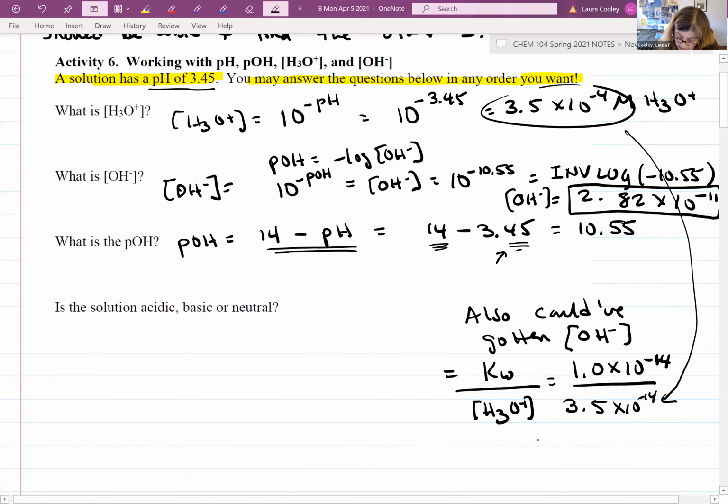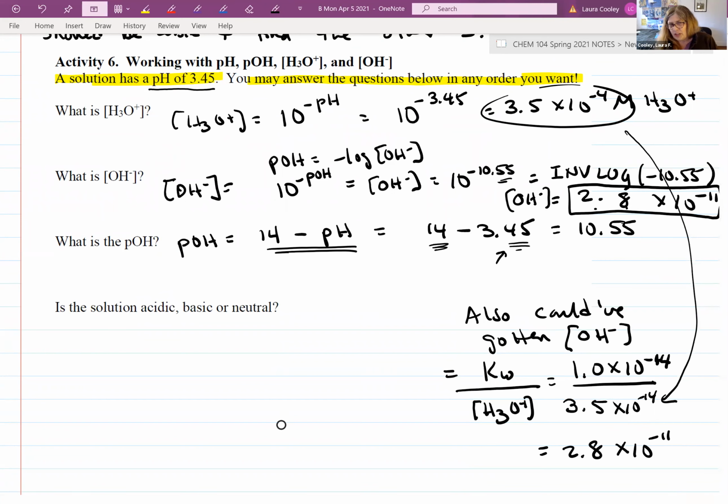And it had better come out to the same number, 2.8. By the way, it should not have 2 there, times 10 to the negative 11th, because we only had 2 decimal places here. So we only have 2 sig figs in the number. So there's more than one way to do these things where you're given one and you're asked to find the other.